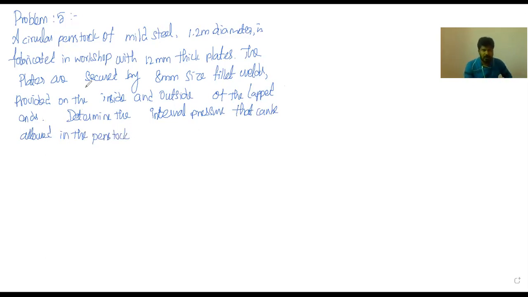So the given data: the circular penstock is 1.2 meter diameter, fabricated in workshop with 12 mm thick plates. By using 12 mm thick plates, they wind them up to make the 1.2 meter diameter pipe.